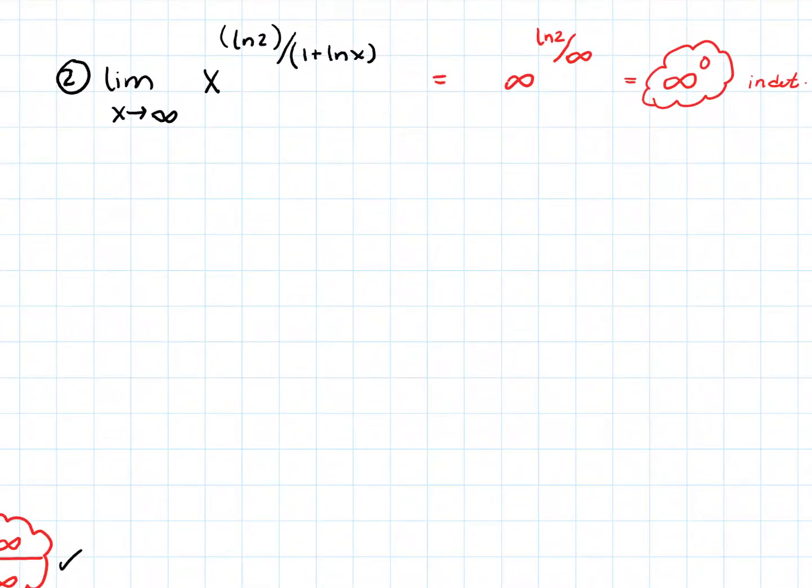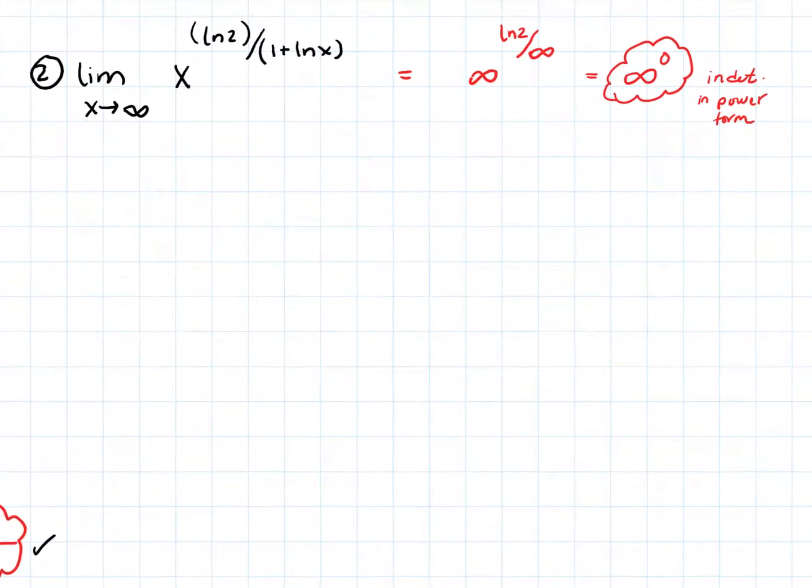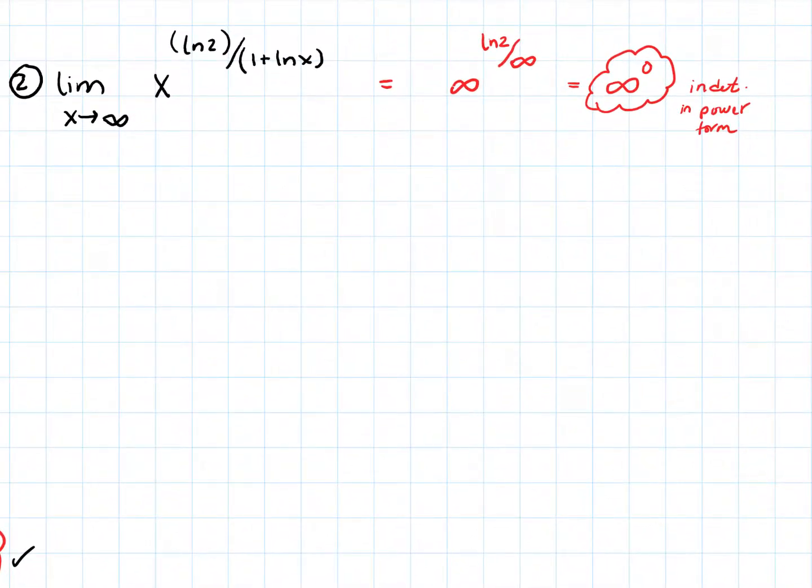Not only is it indeterminate, but it's indeterminate in power form. So when we're indeterminate in power form, we remember we've got to use that little trick with the logarithm, right? That little algebraic technique where we can bring down the power so that we can apply it. So we're going to go ahead and say, let's just call y x to the ln of 2 divided by 1 plus ln of x.